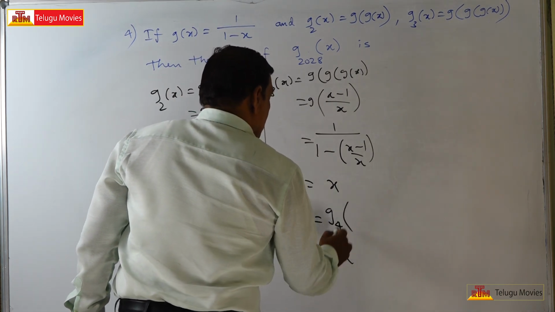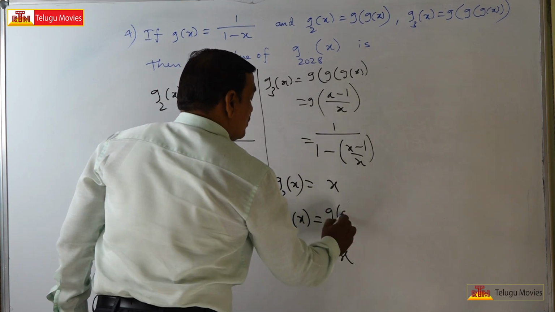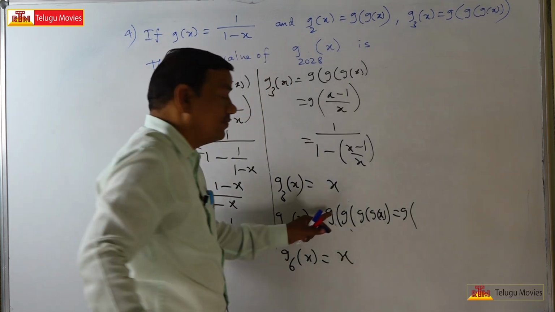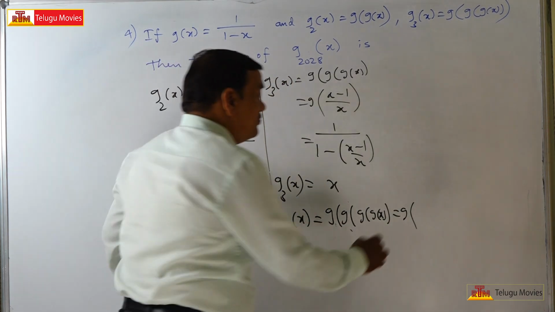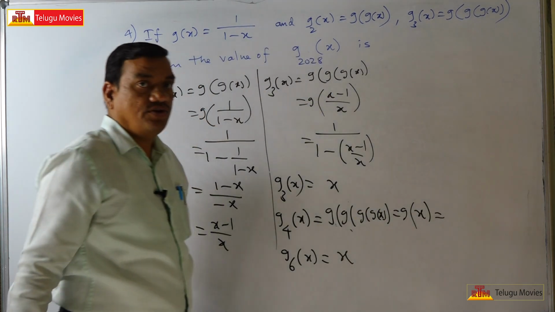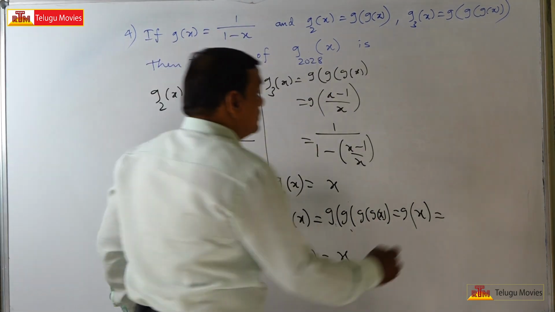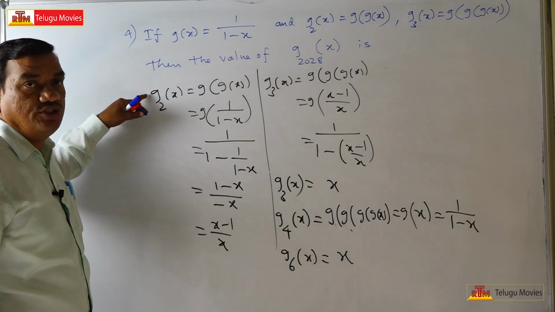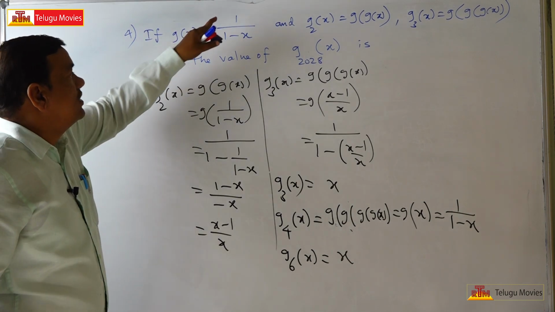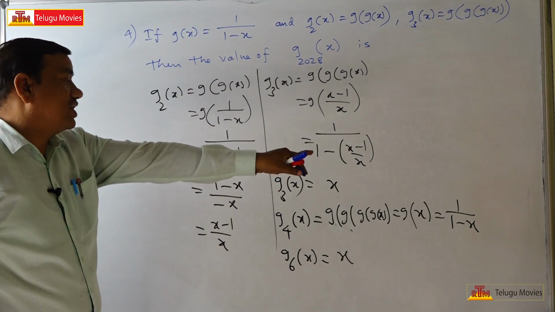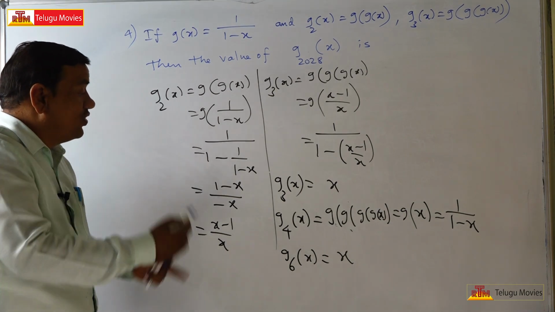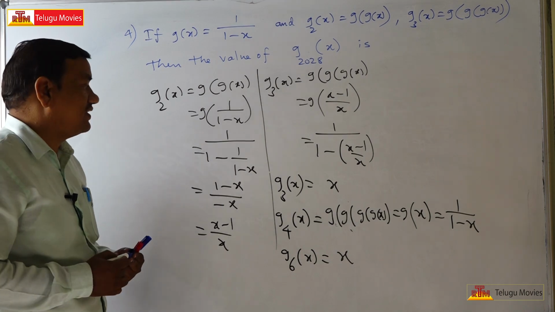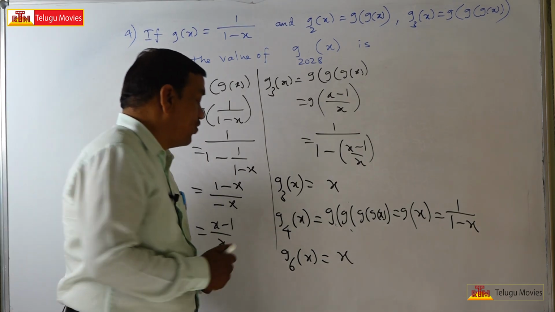It is g of x, which is 1 upon 1 minus x. Again this problem starts here. Continuing, g5 of x is x minus 1 by x, and g6 of x is again x.